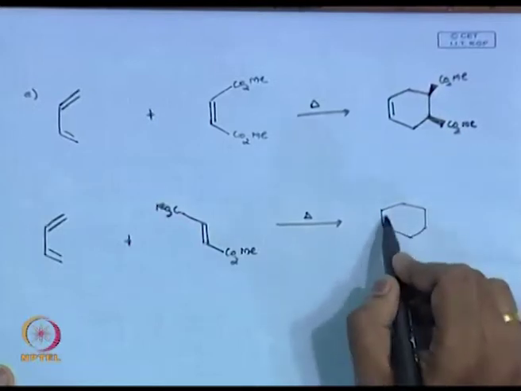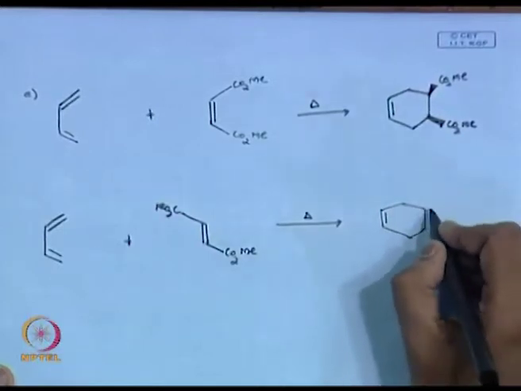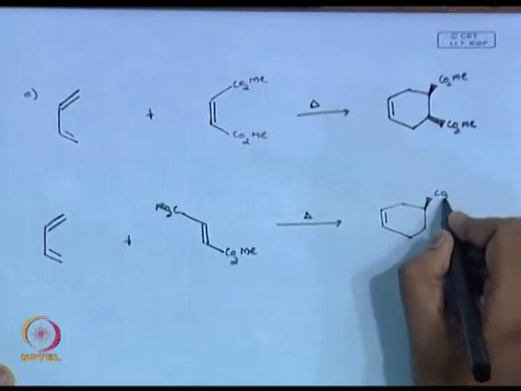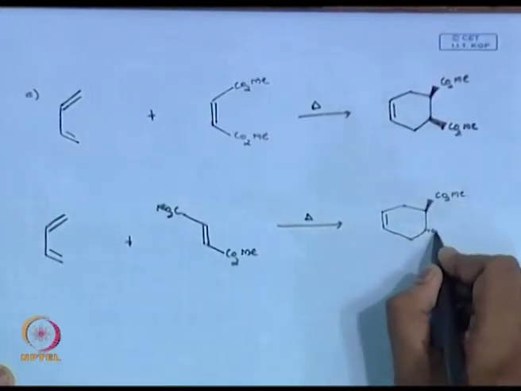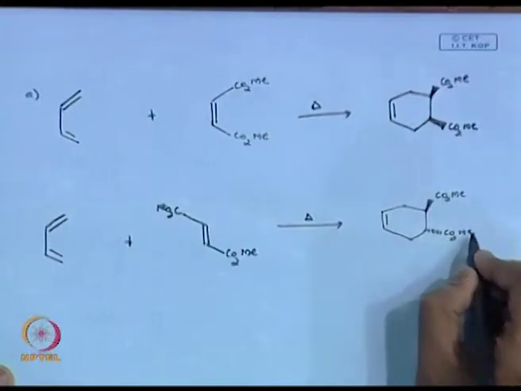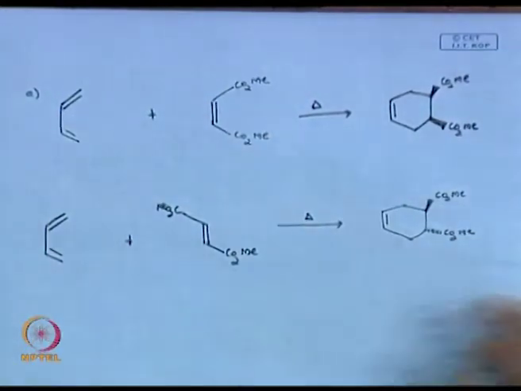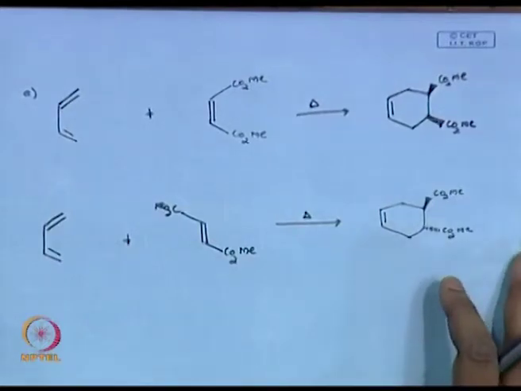So, you end up getting, see this, that's why it is very important that you think about the facial selectivity when you write Diels-Alder reaction. Reaction is very stereospecific, right. So, you get one type of products. That is your first selectivity about your Diels-Alder reaction, okay, facial selectivity. Now, what we will do is that we slowly get into your second selectivity, that is your exo-endo selectivity.